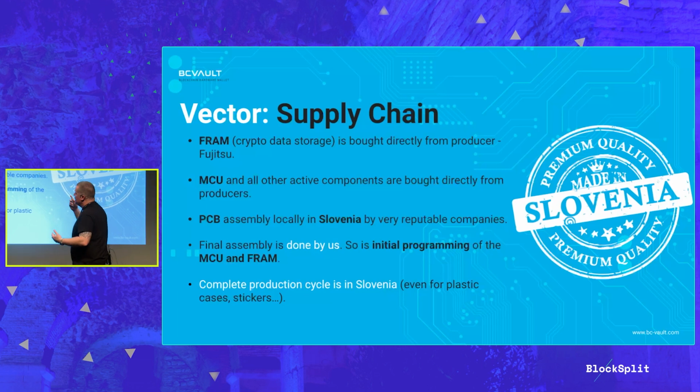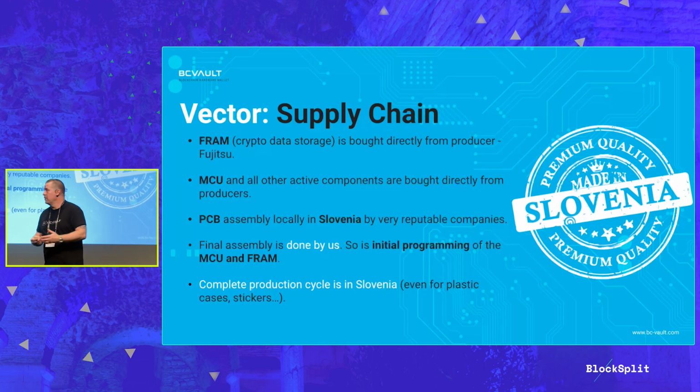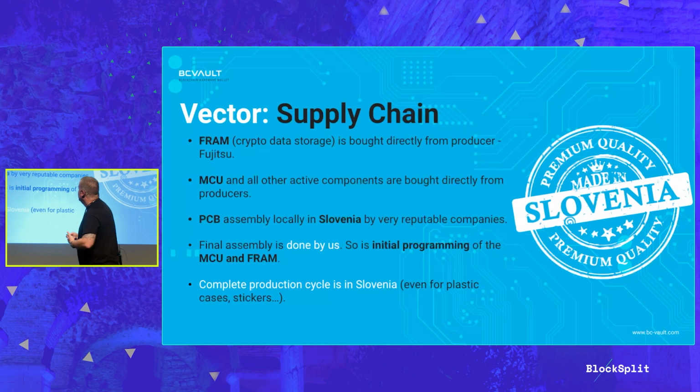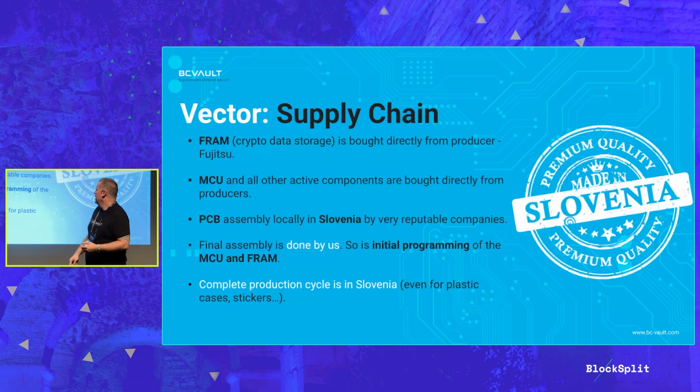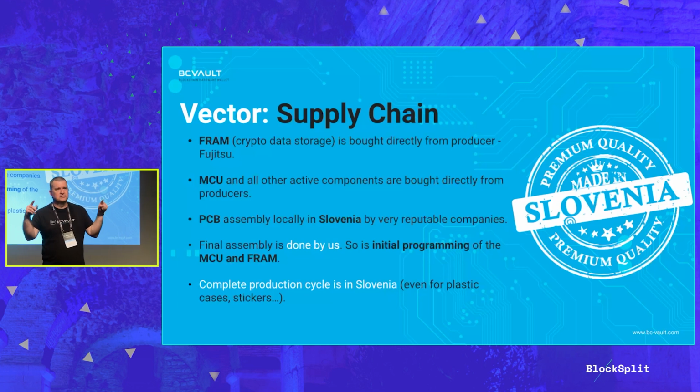So, of course, the microcontroller and everything else you have to buy from a reputable distributor or supplier. Everything is assembled by us, final assembly by us, initial programming by us. We don't do anything in China. Nobody does anything anywhere else but us. And I really hate those security stickers. You know the security hologram stickers that some people put on devices?